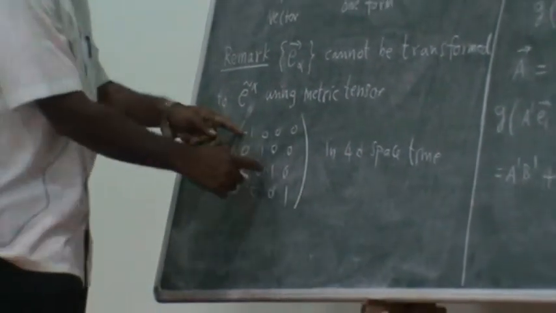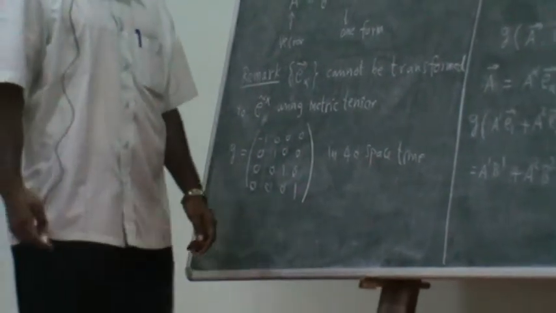You write 1 here and -1 here. If you take three-dimensional Euclidean space and orthogonal matrices, g will be the same as 1, 1, 1, identity matrix. So there is no difference between vectors and one forms in that case.